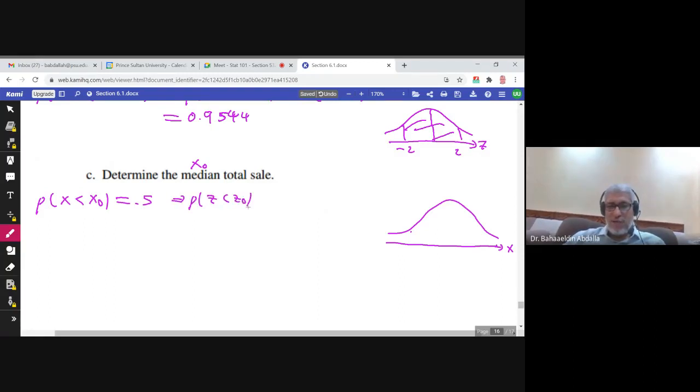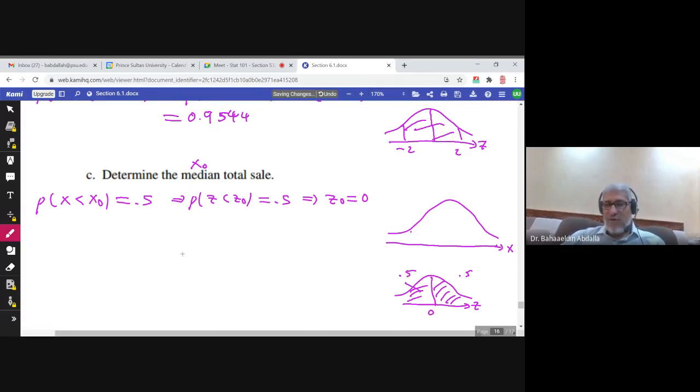So if you change it to Z, the probability is 0.5. If the probability to the right of Z0 is 0.5, this means that Z0 is actually 0, because we know that in Z, the mean is 0. To the right of 0, you have 0.5, and to the left of 0, you have 0.5.